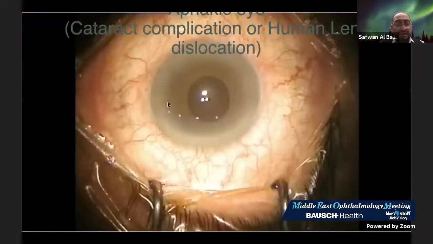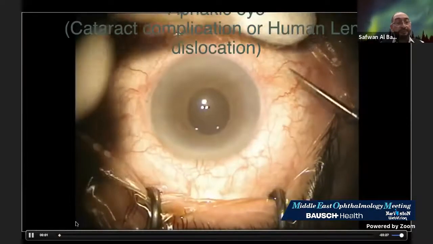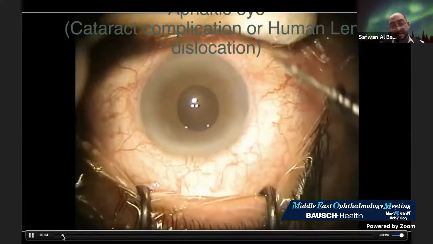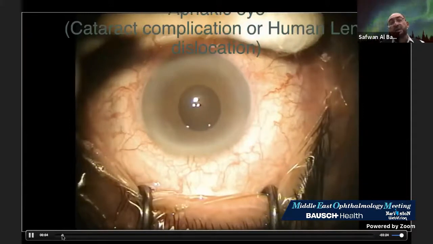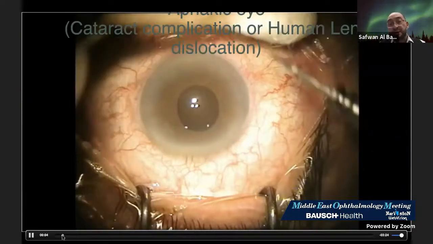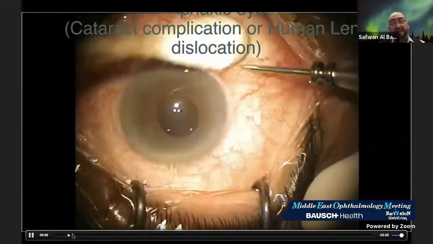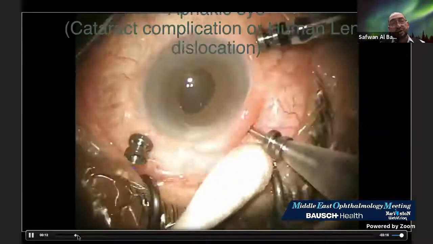Now, if we go to the surgery, here I will try to show you. In this case, I used the vitrectomy because the case presented with cataract complication and lens matter was in, so I used the 3-port entry. And I will go through slowly here, just to show a few tips.